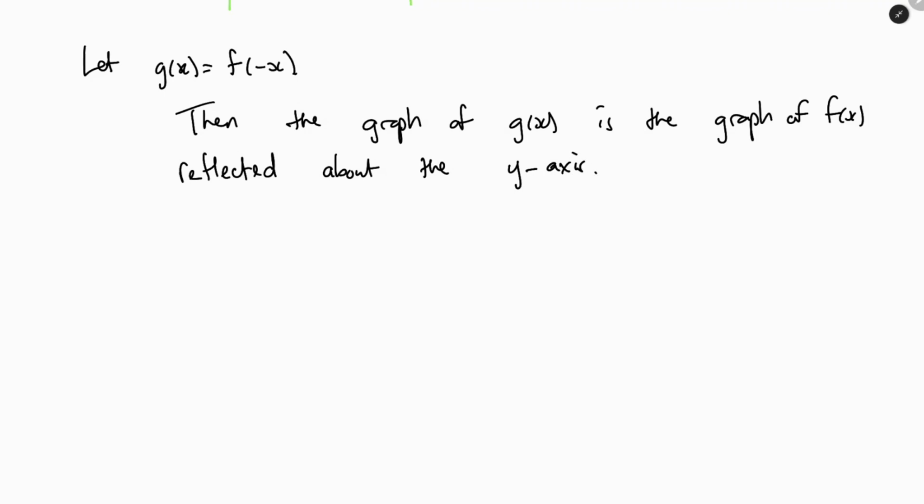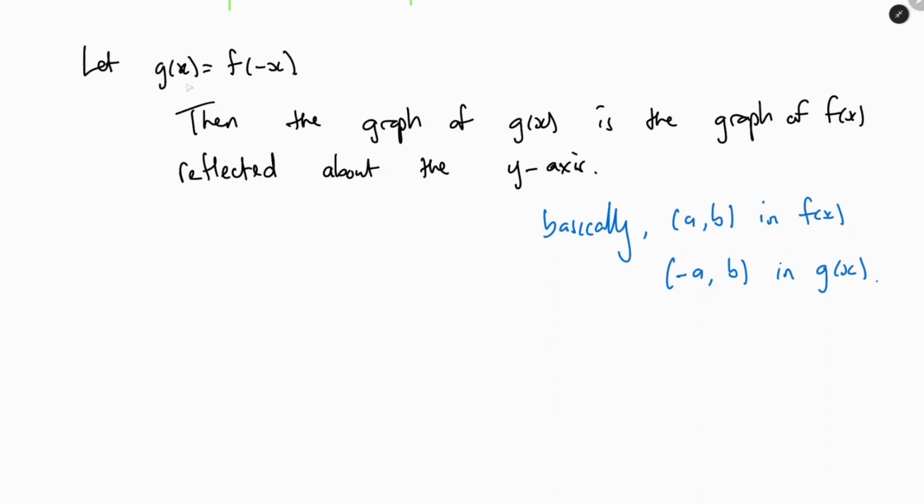Basically, if we have a point (a, b) on the graph of f of x, it's going to become (minus a, b) on g of x.